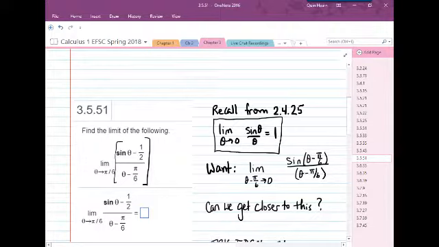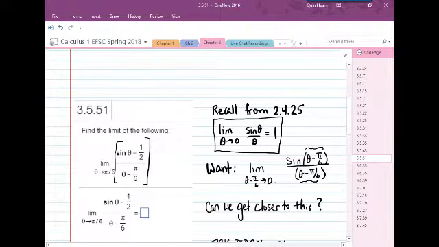Now that works whether you have theta or alpha or, in this case, theta minus pi over 6, as long as the argument of the trig function matches the expression in the denominator below, and as long as that expression is approaching 0.